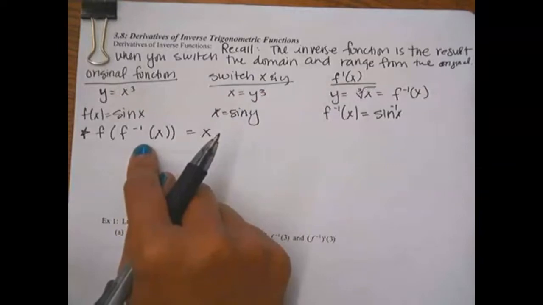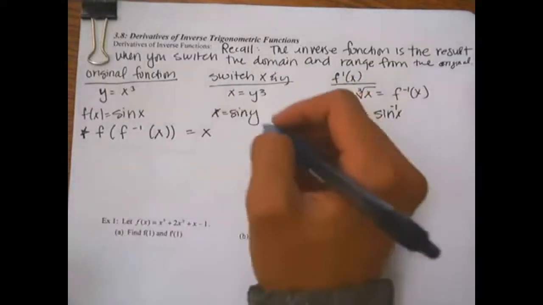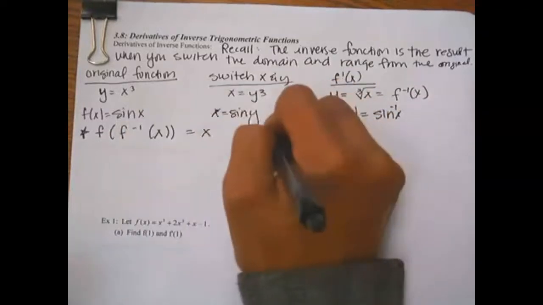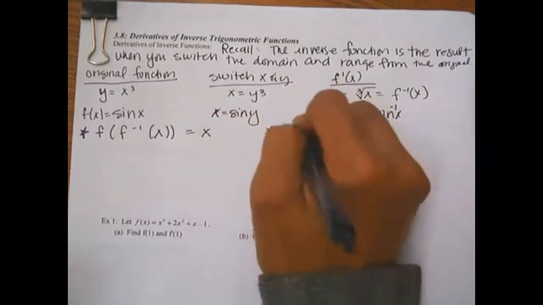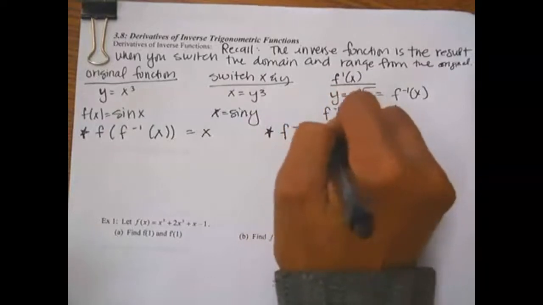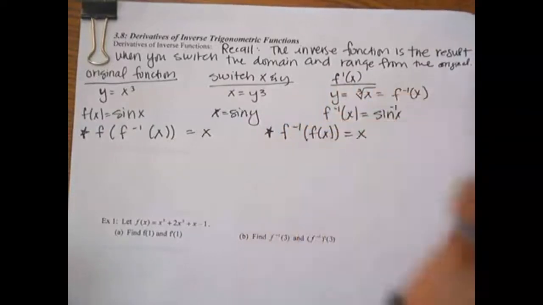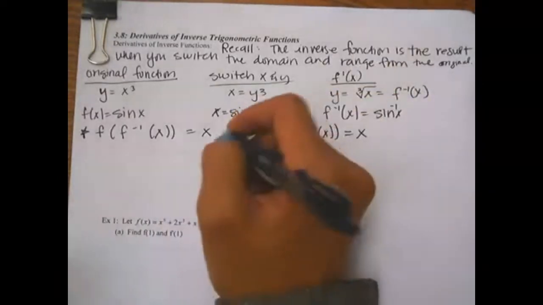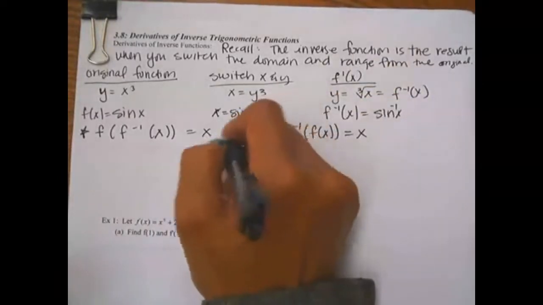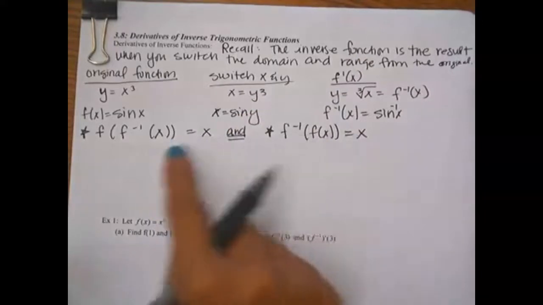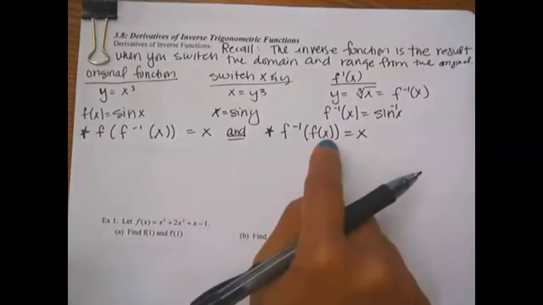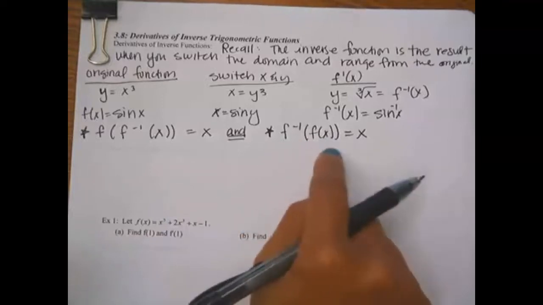Same thing if I compose, star number two, f inverse with f. It should always come out to be x. These two must be true. If these two are true, then f of x and f inverse are inverses of each other.